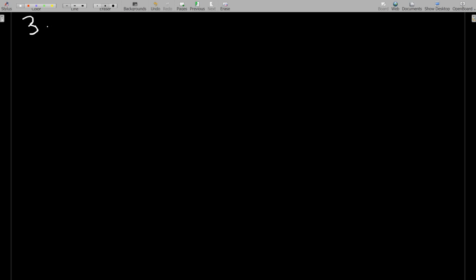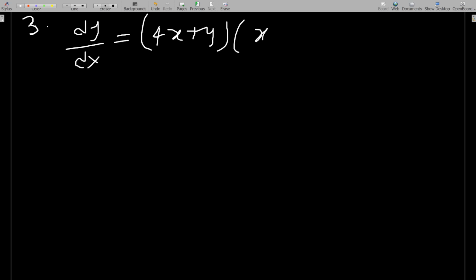Now the third question is dy/dx equal to (4x plus y)(x plus y) over x squared. We are also supposed to show that this is homogeneous.